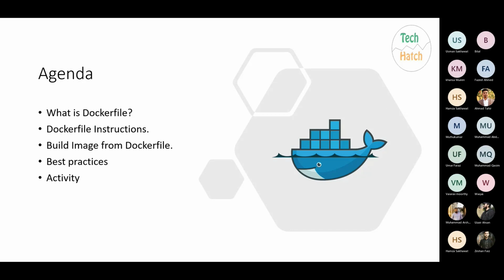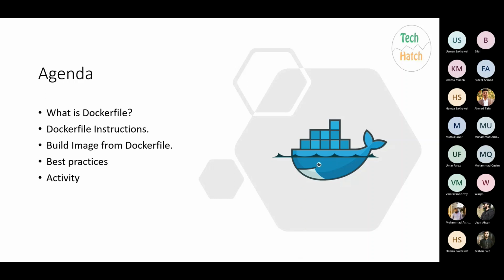So the agenda behind this section is what basically a Dockerfile is, why we're going to use a Dockerfile, and how we're going to write it. Next we have Docker instructions. Then we will be building our own image from a Dockerfile, and then I'll be discussing best practices to write the Dockerfile.